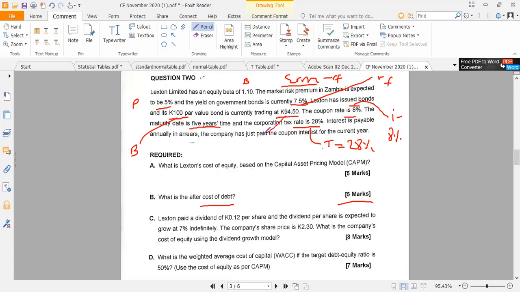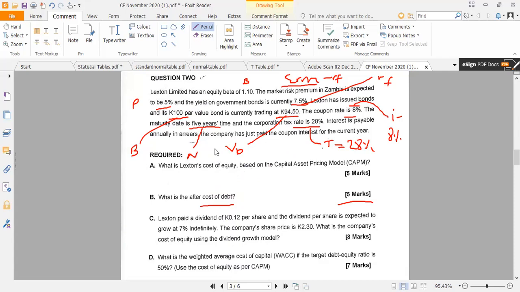Currently selling the value of the bond is 94.50. The time we have here is what? 5 years. Okay, so we want to calculate the cost of debt.